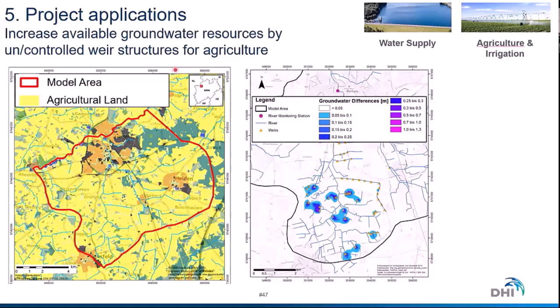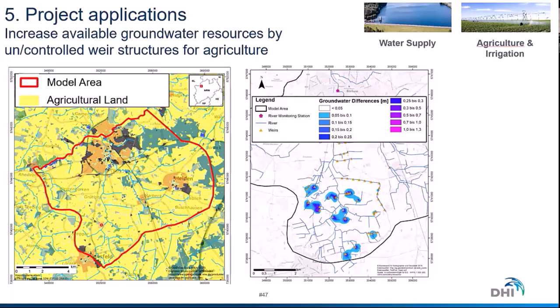With him, we did also a very nice project in North Germany, where we were asked to support the Agricultural Society or Farmers Society Association on how to improve the groundwater recharge and therefore the available groundwater resources for possible new permits in order to abstract more groundwater.